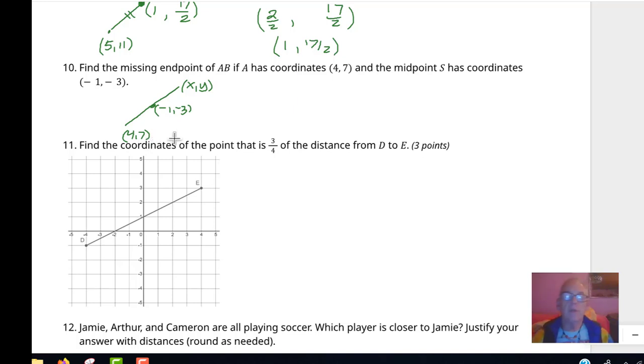So one way of doing this for the y, to find this y number, is to look at how you have to move in the y direction as you go from 7 to a -3. That's a total distance of 10. You're 7 on one side of 0, 3 on the other. This is a jump up of 10. So you're jumping up 10 in the y direction.